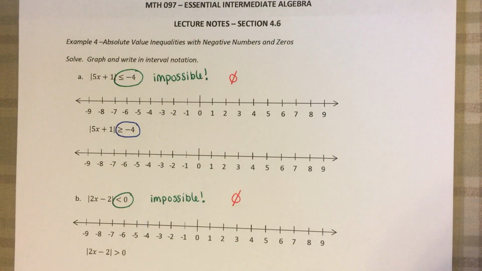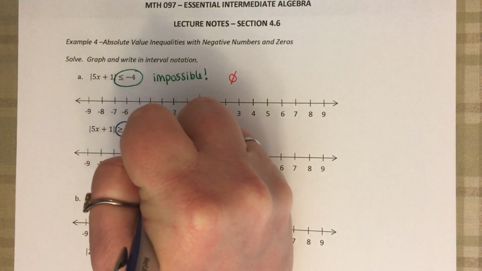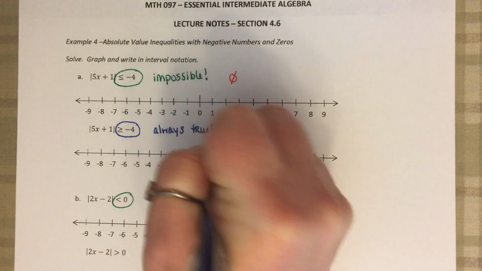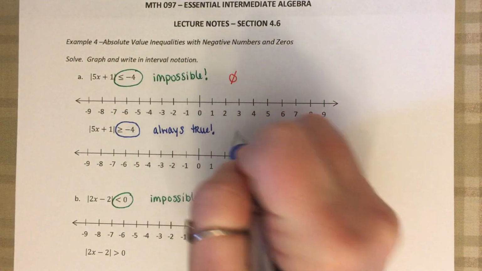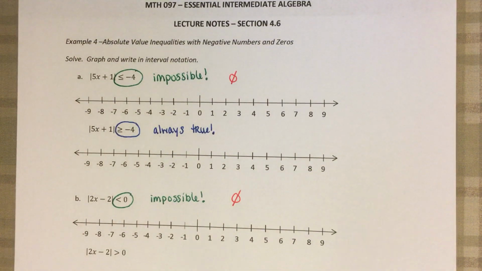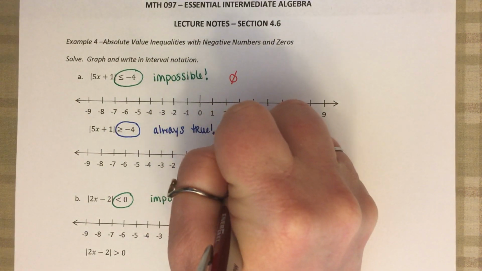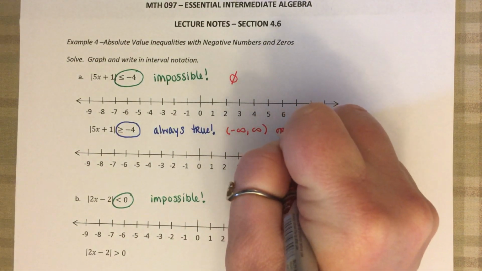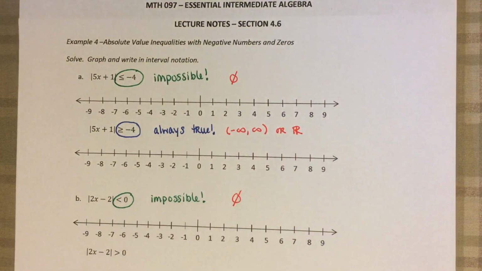And positive numbers are always going to be greater than negative numbers. So this is a case where it's not impossible. It is always true. If something is always true, writing our answer in interval notation, we could write negative infinity to positive infinity, or we could say all real numbers.